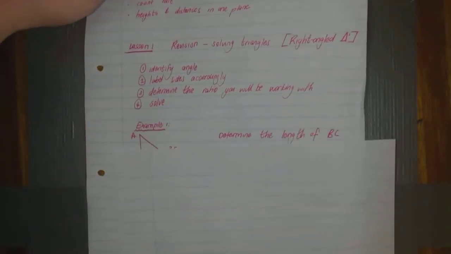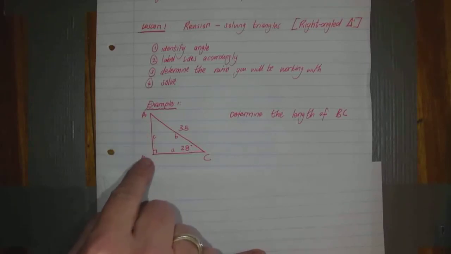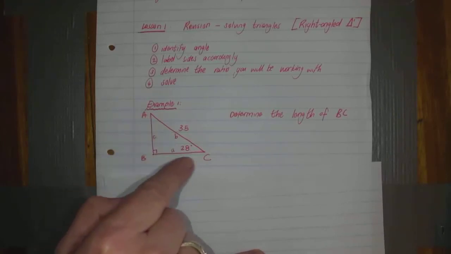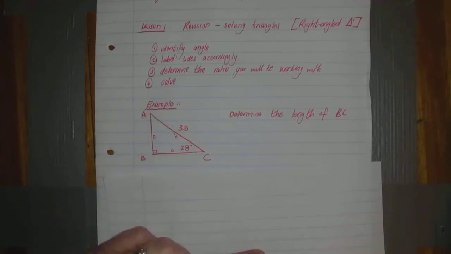Okay. So when I look at the first example, and this is a purely grade 10 question, I would say to you, determine the length of BC. Now let's just go through some key aspects that you're going to encounter in your grade 11 trig. If I have triangle ABC, instead of referring to side AC as AC, I can refer to it as side B. So angles are given by capital letters, lengths of sides are given by small letters.